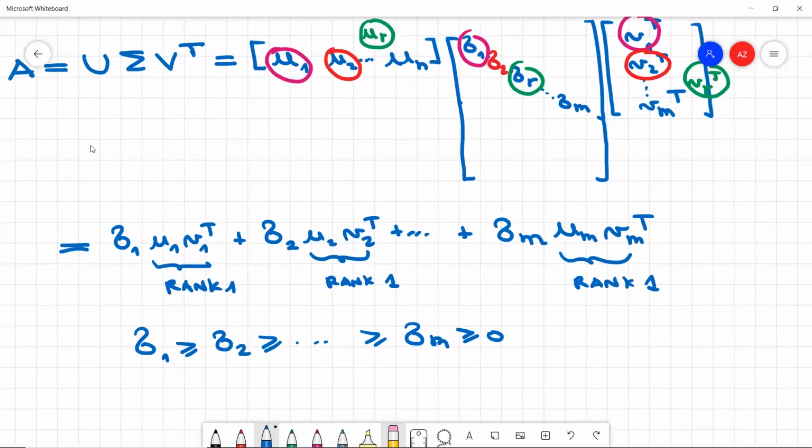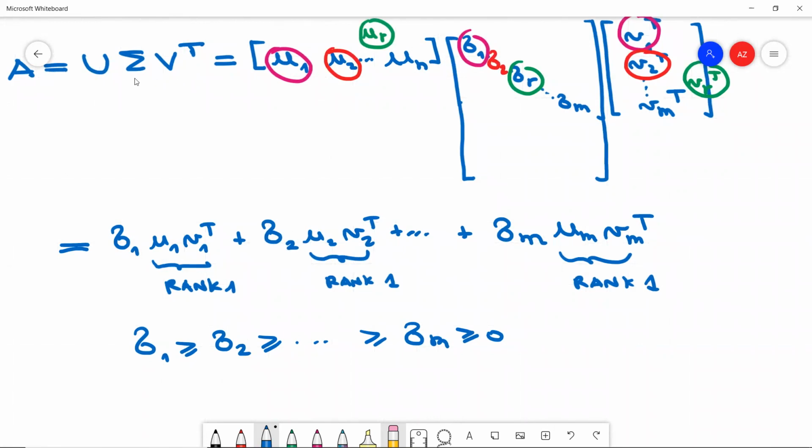And what we did here, we decomposed A into the singular value decomposition, U sigma V transpose. And somehow we would like to just forget about those rank 1 matrices which are not important, which won't change A a lot. So we would like to forget, for example, the sigma m part, and then if sigma m minus 1 is also small, then we want also to forget about this part, and so on.